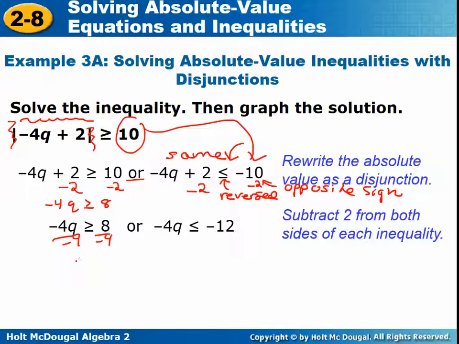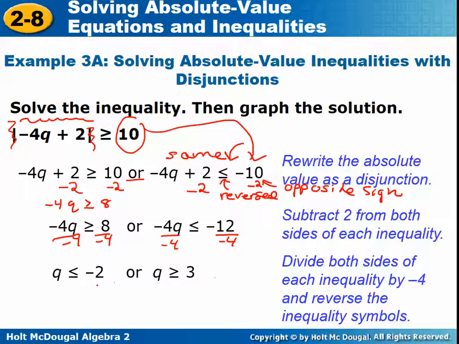When you divide by a negative, don't forget you change that sign. So we're dividing both of these by a negative. Both of those inequality signs will flip. So now we have q is less than or equal to negative 2, or q is greater than or equal to a positive 3.